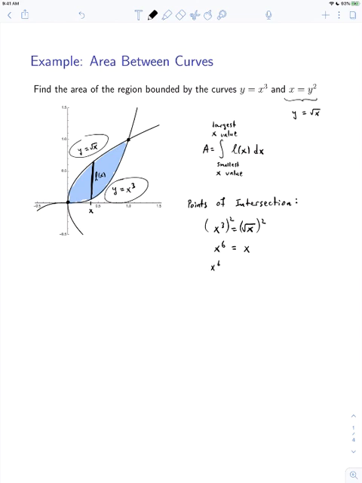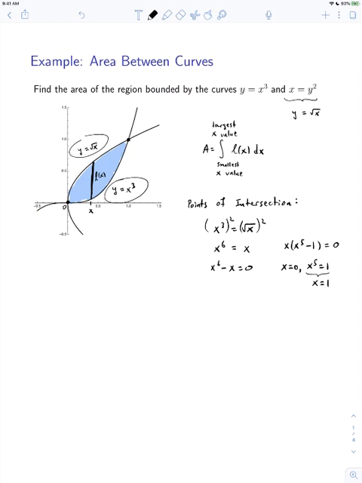So x to the 6 minus x is equal to 0. If you factor out an x, you get that x times x to the 5th minus 1 is equal to 0. So x equals 0, or x to the 5th equals 1. If x to the 5th equals 1, then x is equal to 1. The 5th root of 1 is 1.